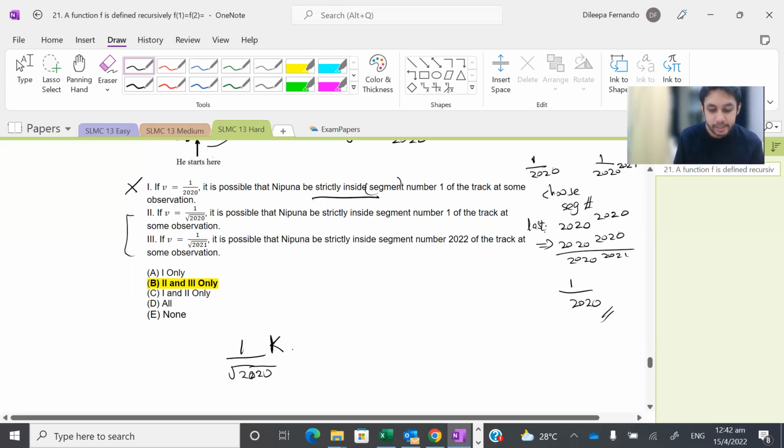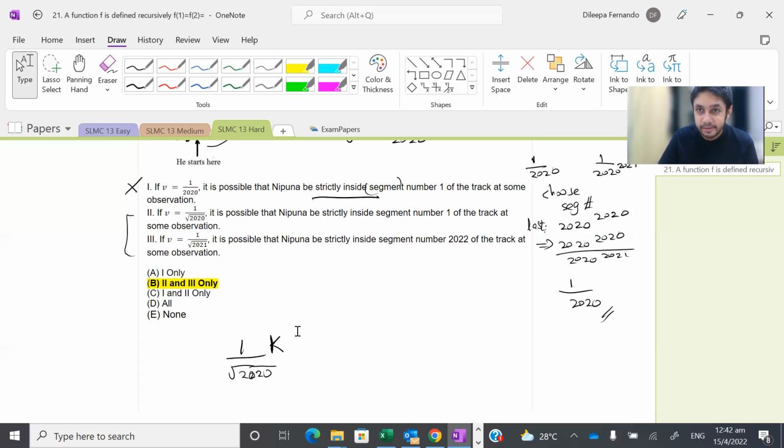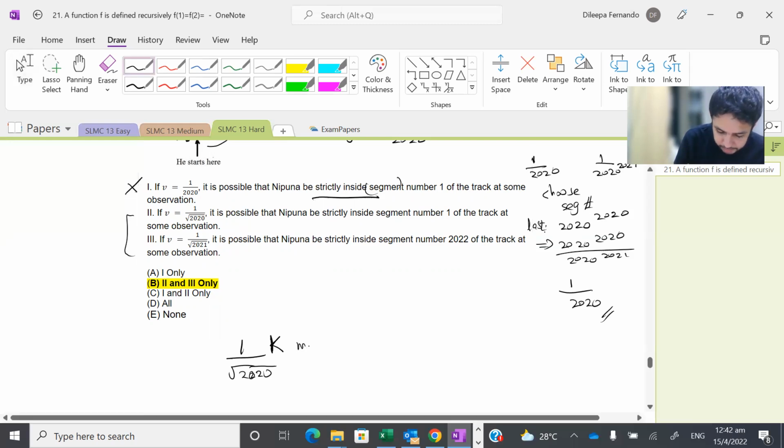Why is it modulo 1? When you divide something by 1, the remainder is the fractional part or the decimal part of a number. You can say it's modulo 1.